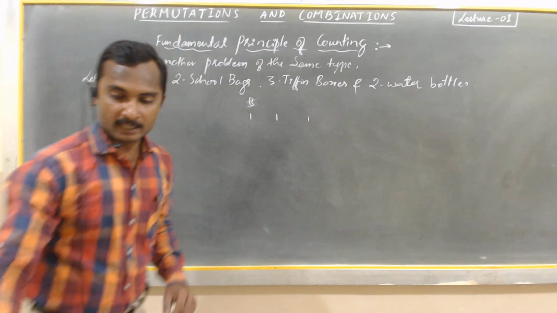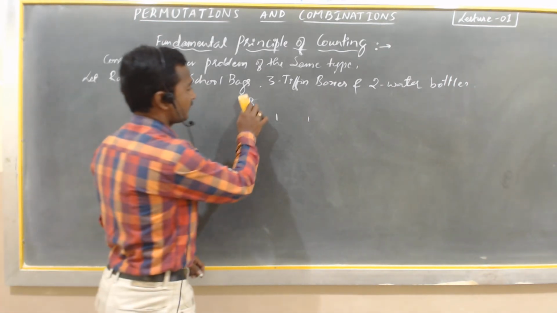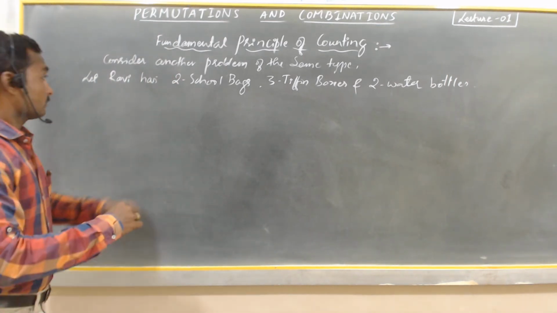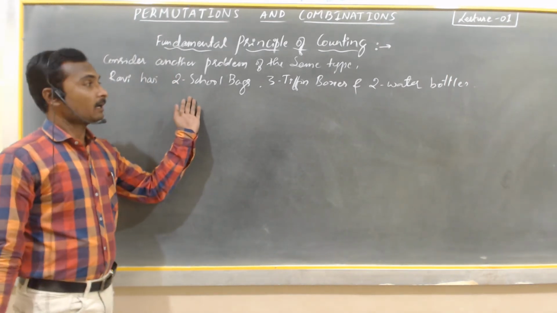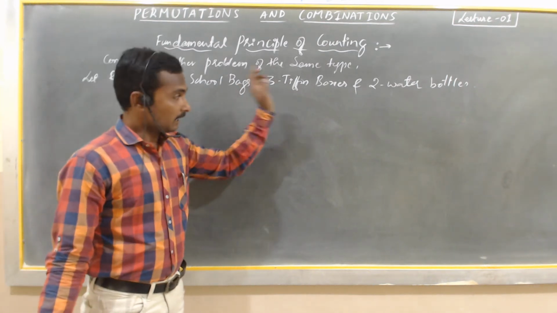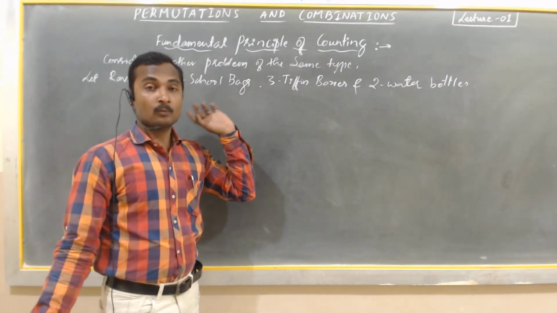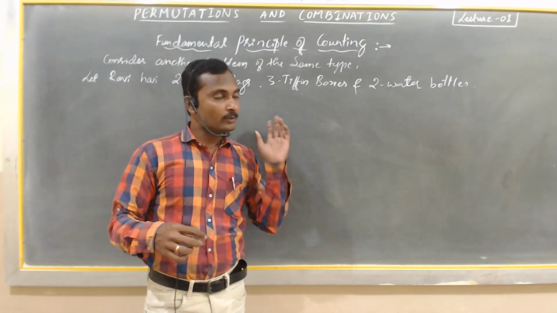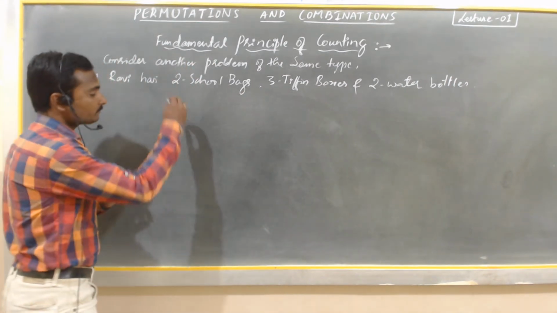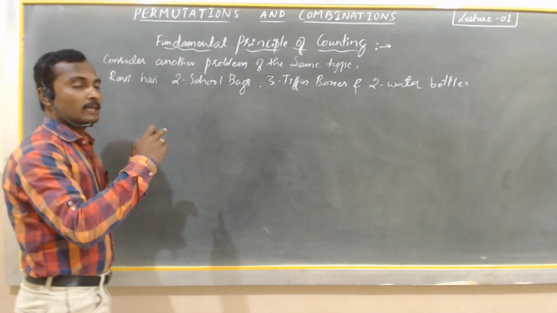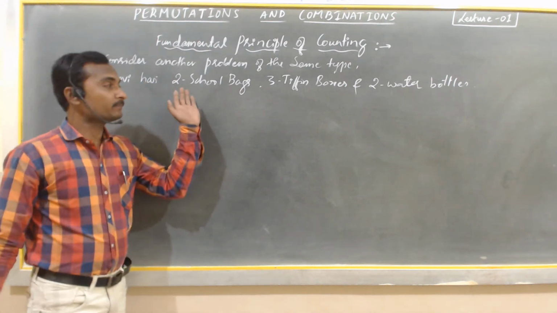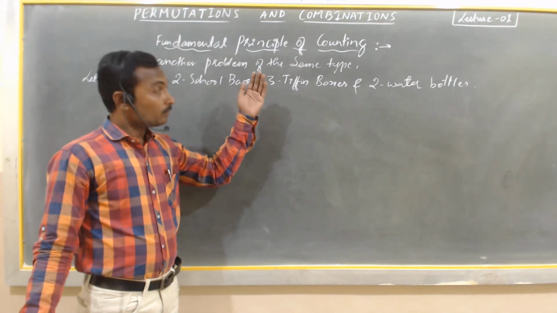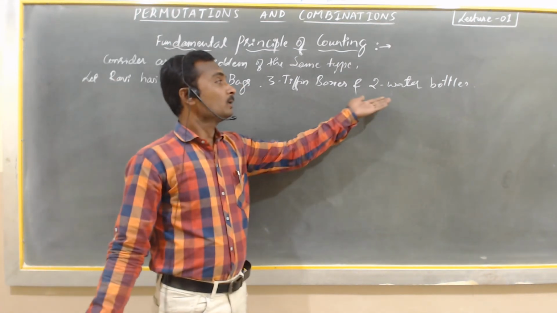In this second example, we will try to understand what possible combinations there are for Ravi to take a school bag along with a tiffin box and one water bottle. Can we say directly? No, it's difficult. Therefore, to estimate this, let me draw a picture which shows how the school bags can be paired with the three tiffin boxes, which are further paired with two water bottles.